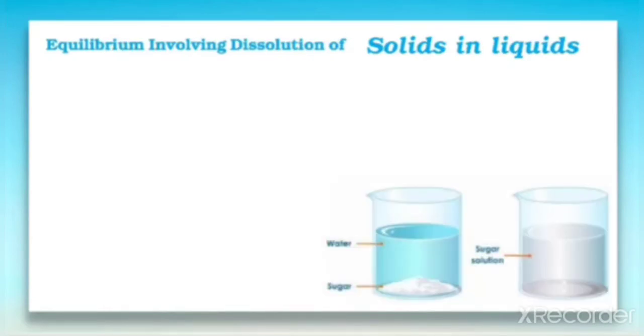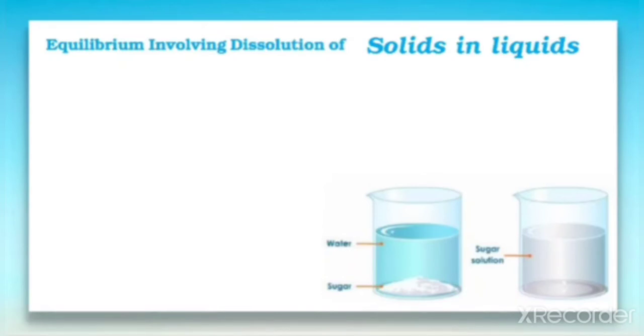Next one is the equilibrium involving dissolution of solids in liquids. The process of dissolving solids in liquid is called dissolution. So let us see the equilibrium involved during the dissolution of solids in liquids. We know from our experience that we can dissolve sugar in water.